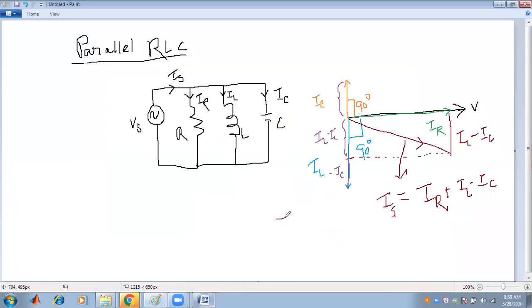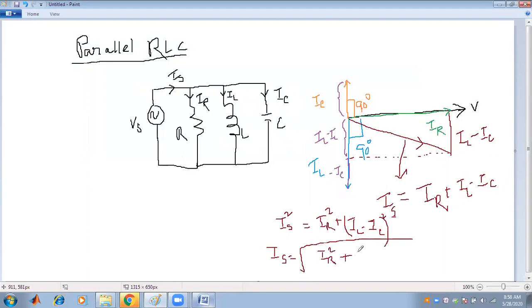So IS square can be written as IR square plus IL minus IC whole square. In that way we can easily write the equation of IS. The magnitude of IS can be found as the root over IR square plus IL minus IC whole square.